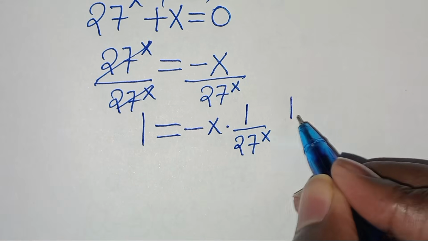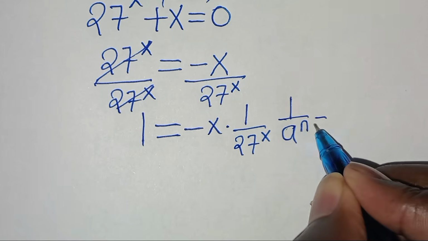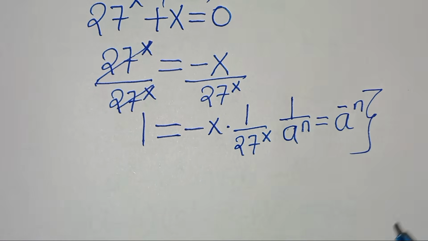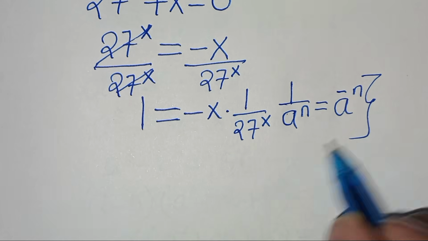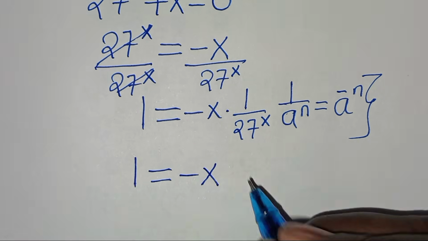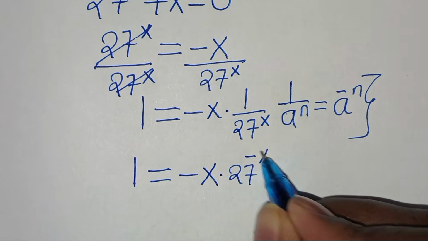This is in the form of 1 divided by a to the power of n, which we can express as a to the power of minus n. So applying this property, we have 1 equal to minus x, multiplied by 27 to the power of minus x.